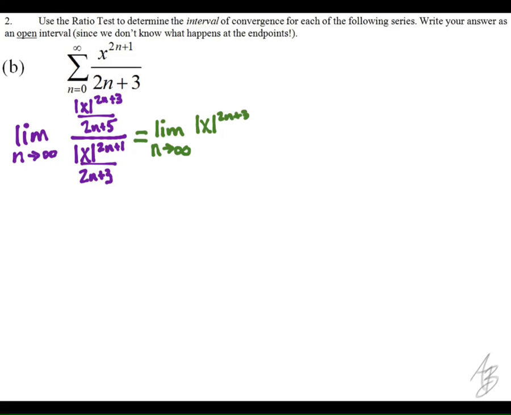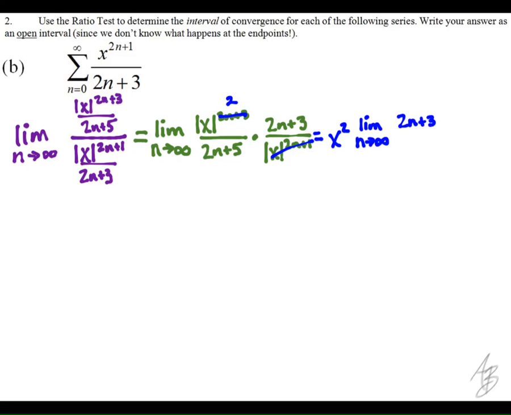We'll rewrite this by multiplying by the reciprocal. We'll cancel what we can. In this case, when the exponents cancel, we end up with absolute value of x squared on top because the exponent in the numerator was 2 bigger than the exponent in the denominator.